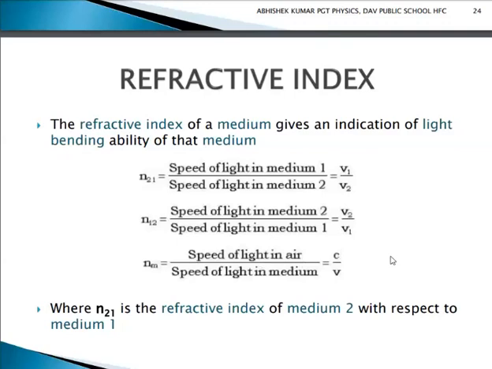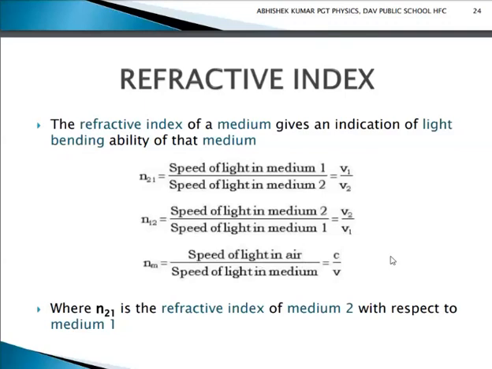This is called absolute refractive index. As we know, the speed of light in vacuum is maximum and is denoted by C, and the speed of light in any material medium is lower than the speed of light in vacuum. So the speed of light in a material medium is denoted by V.